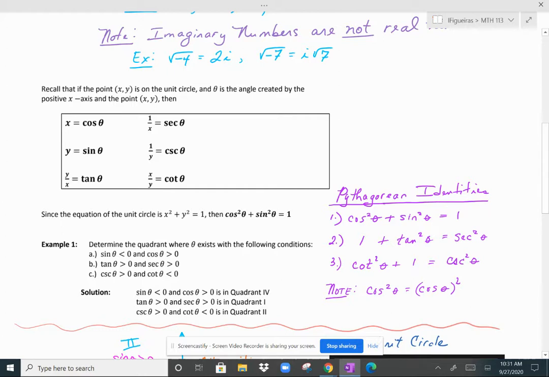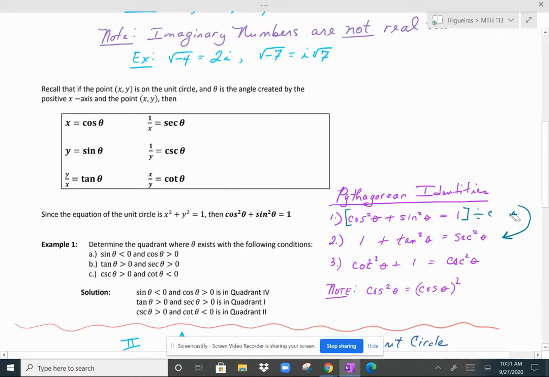So if you divide this whole thing by cosine squared of theta on both sides, then you get your second identity. So if I divide the left side and the right side by cosine squared of theta, you will get 1 plus tangent squared of theta equals secant squared of theta.